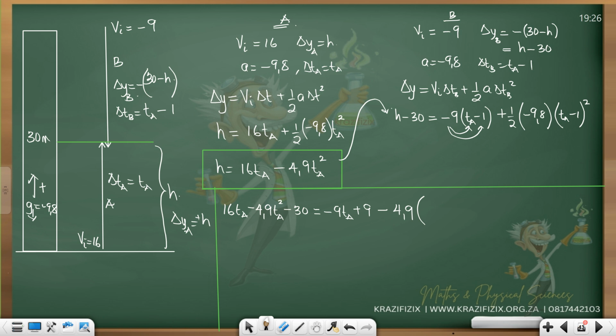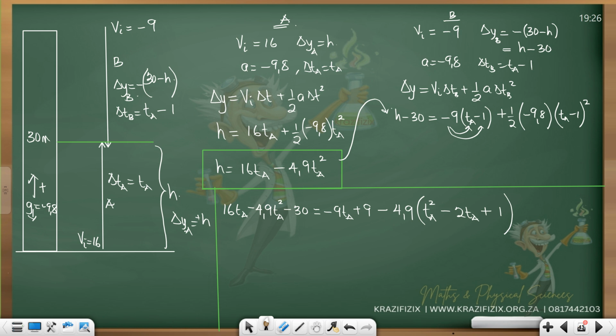What would that be? TA squared minus 2TA plus 1. I hope you understand the foiling there. Is that correct? Yes, because it's TA times 1 times 2 foiling. Did I lose you? Okay. Let me know if I'm losing anybody quickly.